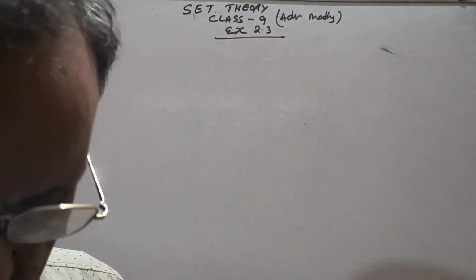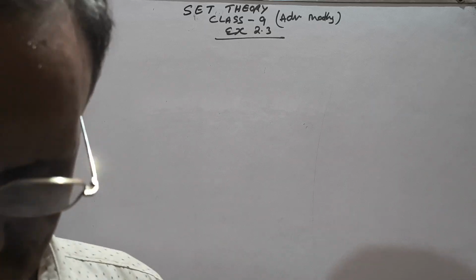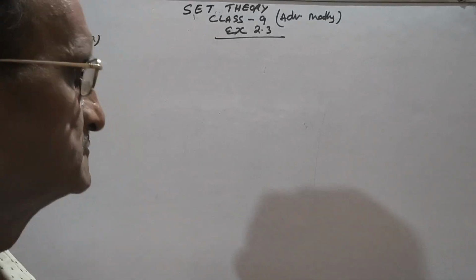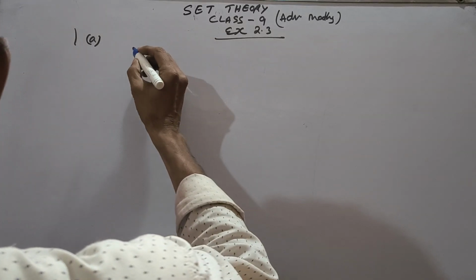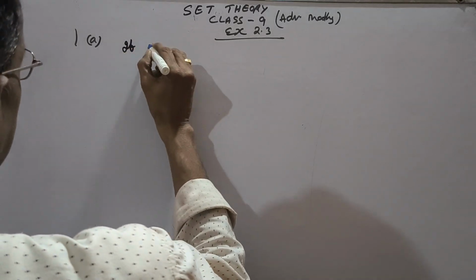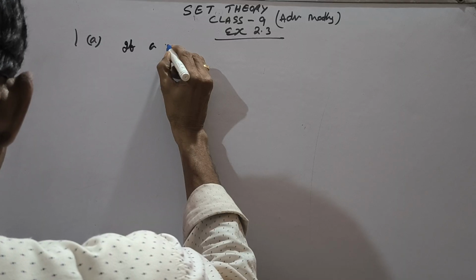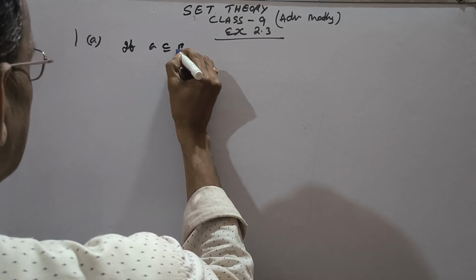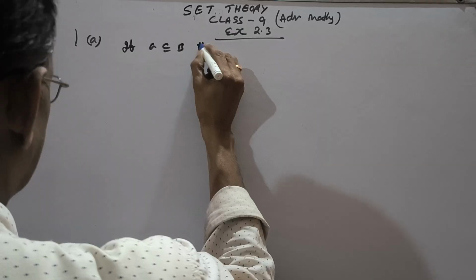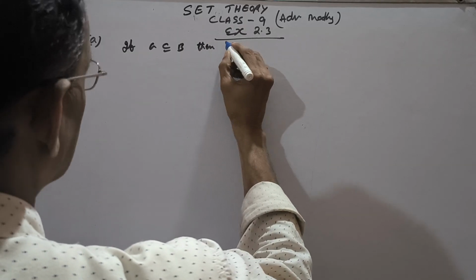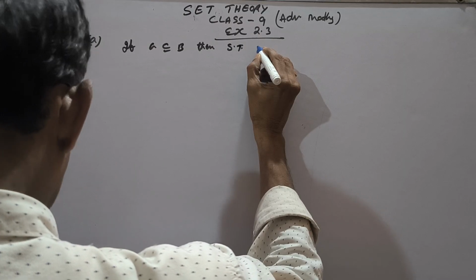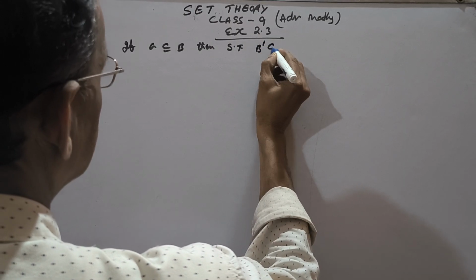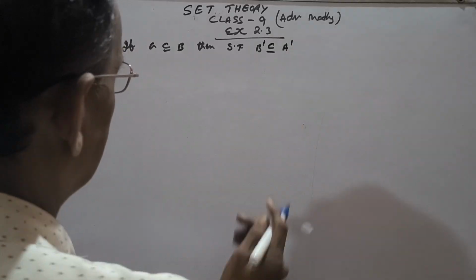Question number one, part A. If A is a subset of B, then we have to show that B complement is a subset of A complement.